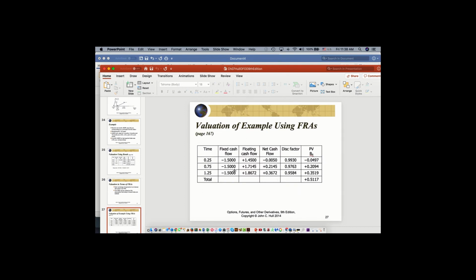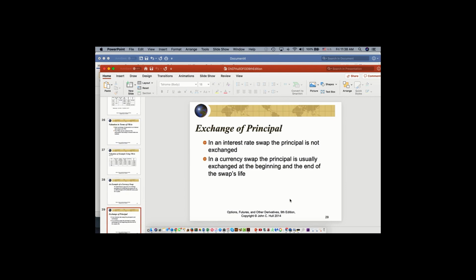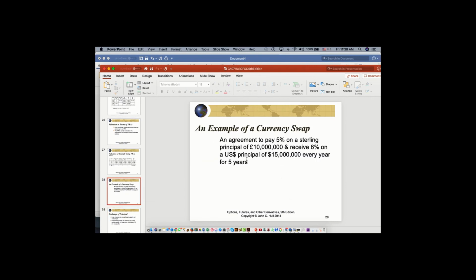You can see that swaps are actually a series of bonds. One is fixed rate, another is floating rate, and then you figure out the total value. This example is very worthwhile regarding the clarity.